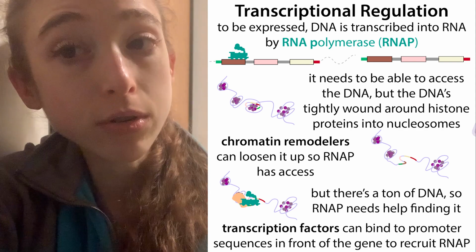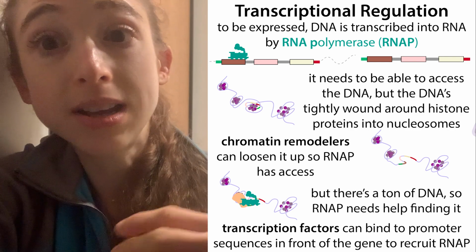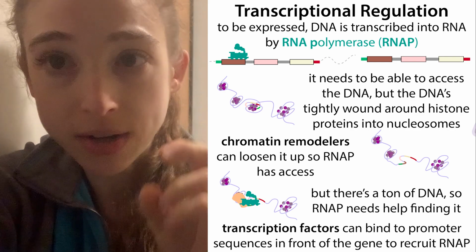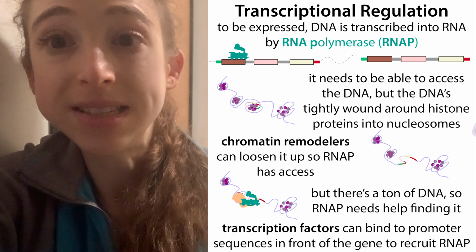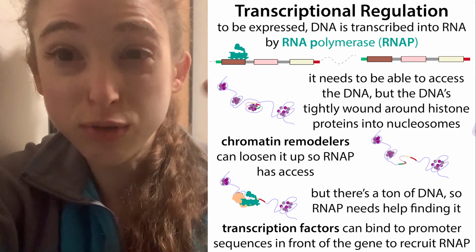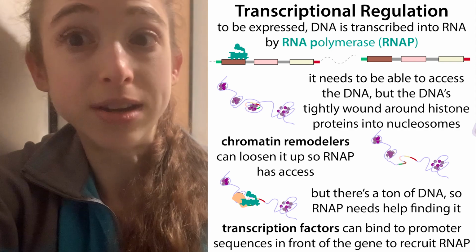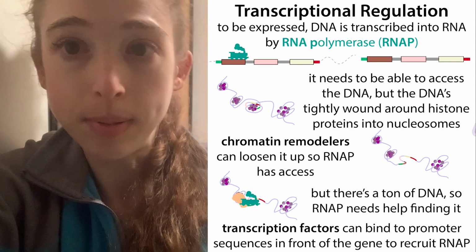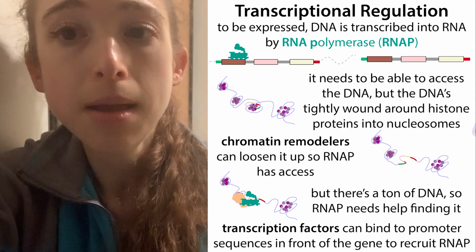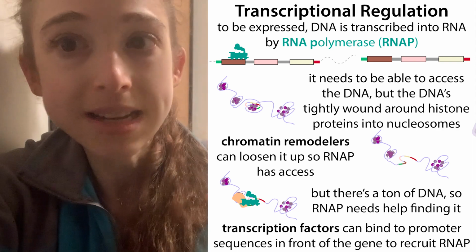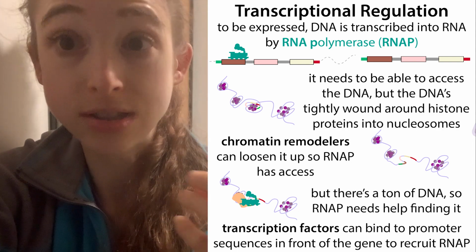Now, in order to recruit the RNA polymerase, you can have transcription factors, typically proteins that bind and help bind to the polymerase or activate the polymerase, or various things like this, and recruit all the other machinery that's needed in order to get this process going.